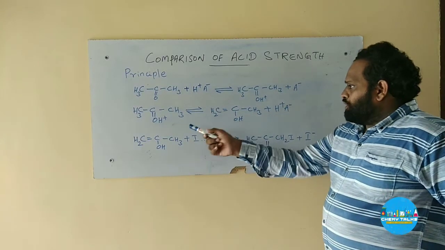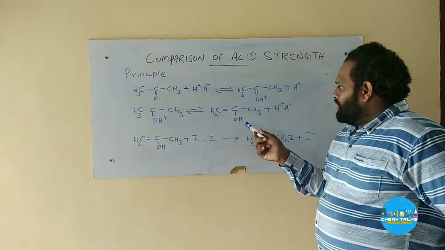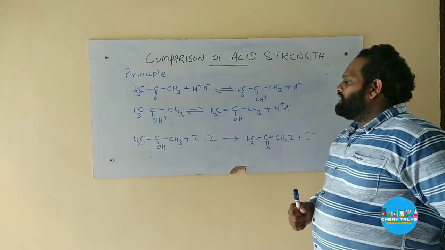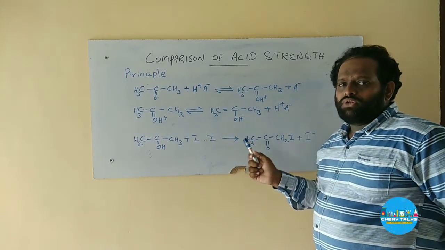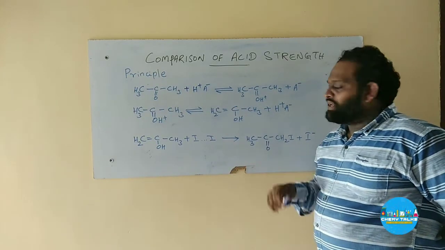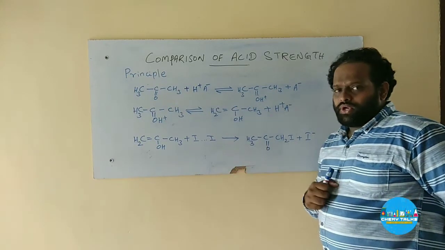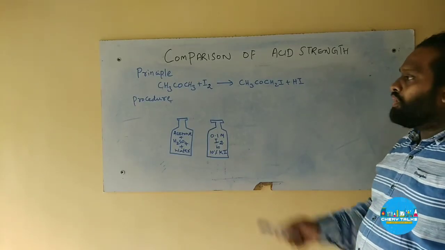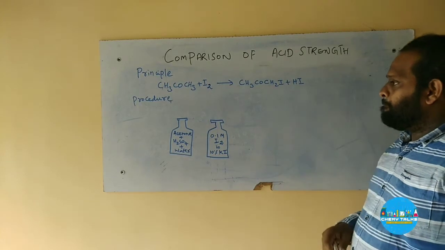So after deprotonation and conversion into enolic form, it then reacts with iodine, and hence the reaction depends only on the concentration of the catalyst, but is independent of the concentration of the iodine. This is the overall reaction taking place.